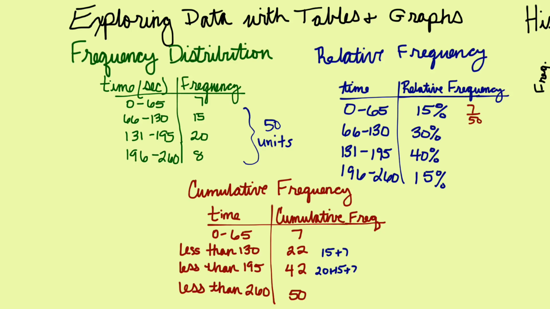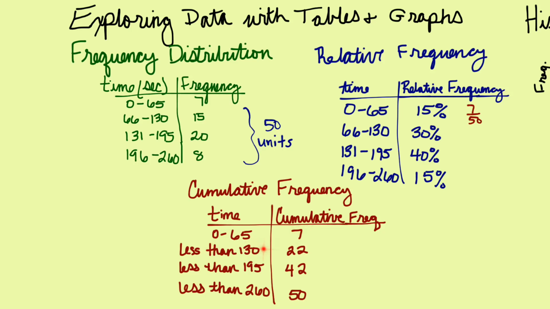And last but not least, our cumulative frequency distribution. In our cumulative frequency distribution, they go class to class and basically add up the units. So our 0 to 65 range, we had 7 units.